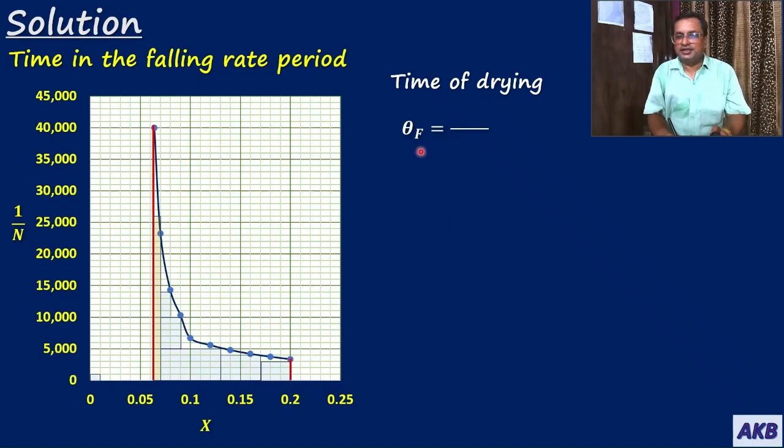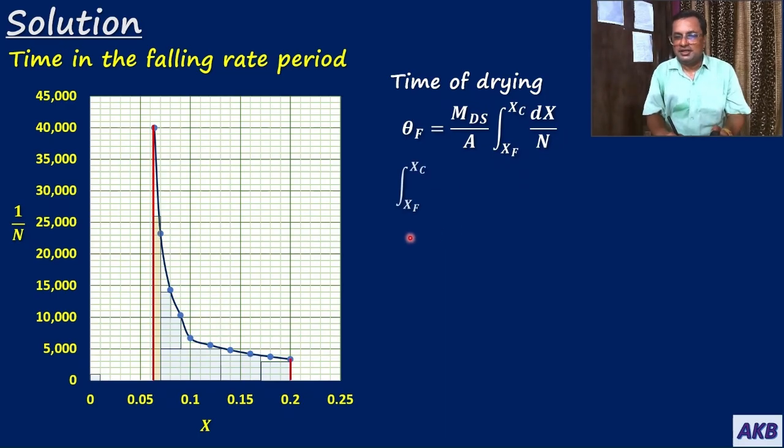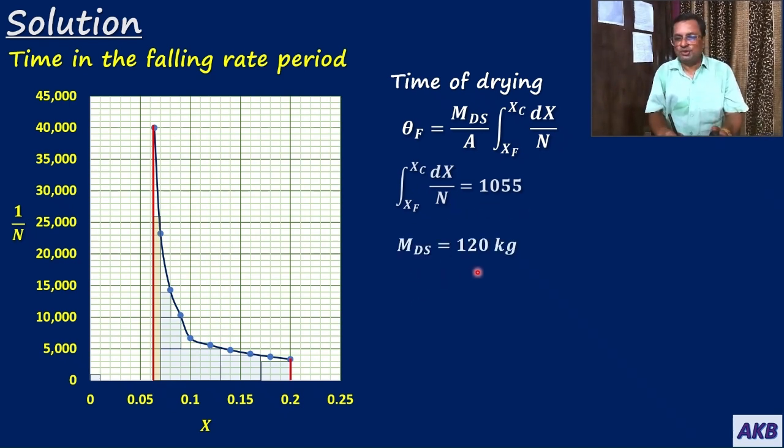So now let us find the time of drying. Theta f is, we know, mds upon A into the integral, integration from xf to xc dx upon n, and now we have got the value for this integral: 1055. mds is known to us, it is 120 kg. Area is known to us, it is 3 meters square.